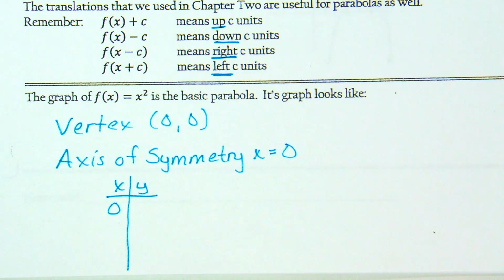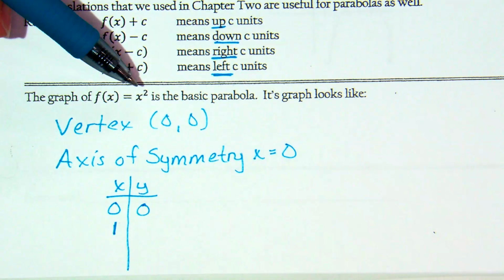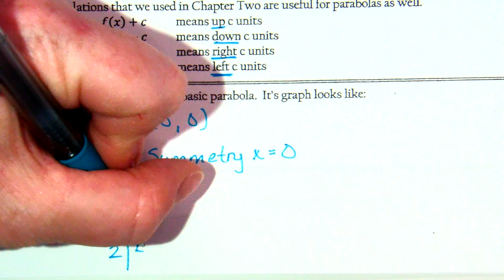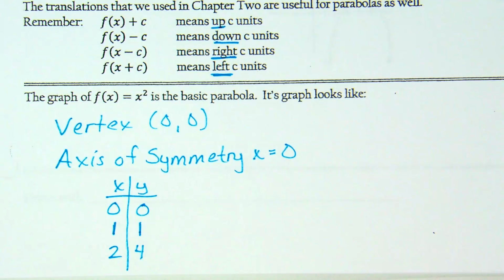We already know that, that's our vertex. 1 squared is 1, so we have the ordered pair 1, 1. If we put in 2, 2 squared is 4. So we have the ordered pair 2, 4. That is your basic parabola. That is really good to just know.